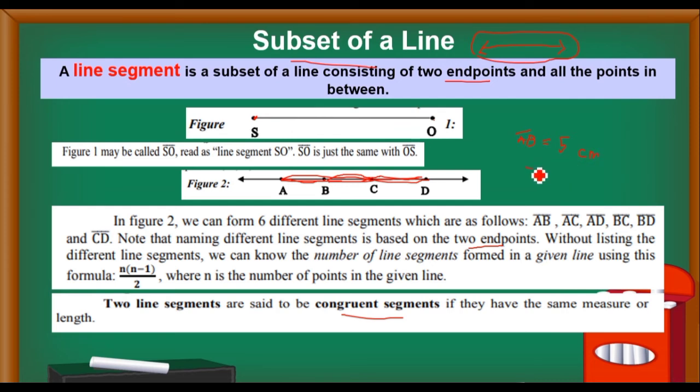Then, si line segment CD is also equal to 5 centimeter. So, since parehas po silang 5 centimeter, therefore, we can say that line segment AB is congruent to line segment CD. Paano po natin ipapakita yon?